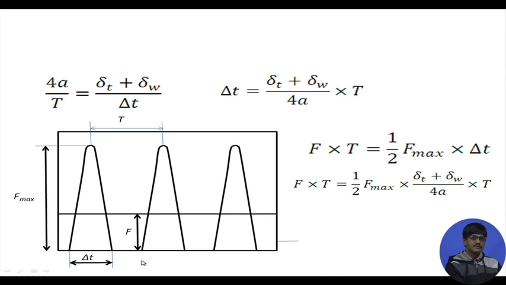We had discussed that this was the time axis and this was the force axis, and while this designates the constant static load that we are applying, that means we are pressing the tool and the workpiece with a constant static force, at certain points in time the force is shooting up due to the impacts of the horn contacting the abrasive and driving the abrasive into the workpiece and the tool surfaces.